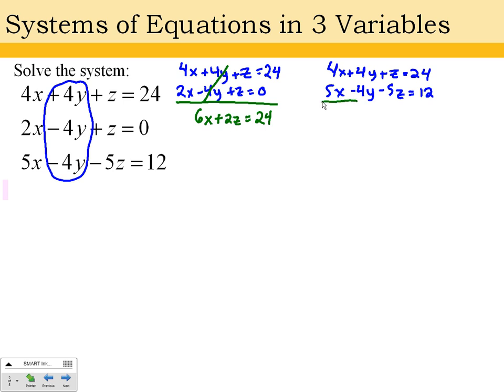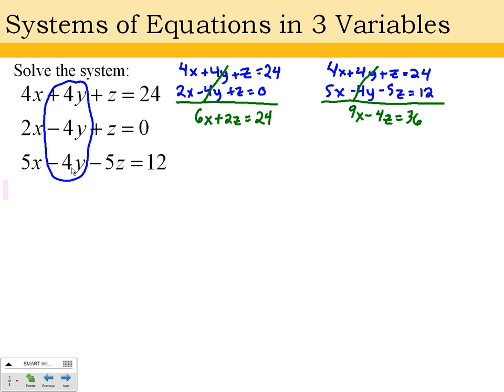Now I'm going to solve my other equation. I am going to cancel out my y's. 4x plus 5x is 9x. Z minus 5z is negative 4z. And 12 plus 24 is 36. So I have another equation where I've eliminated y and just have x and z.